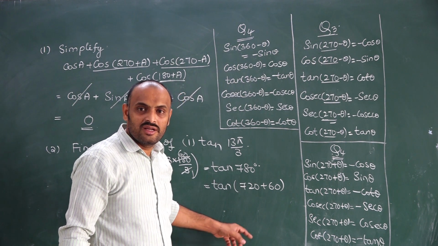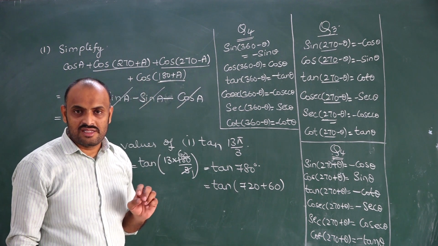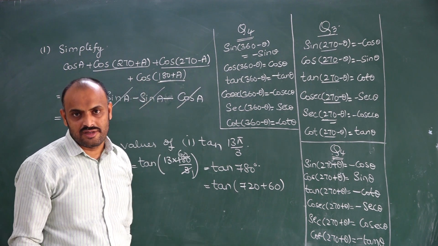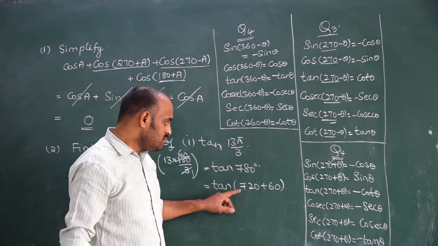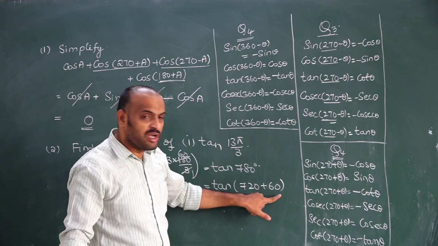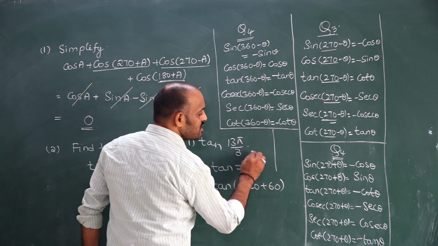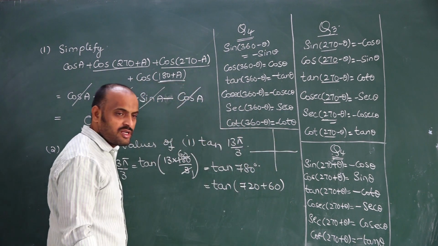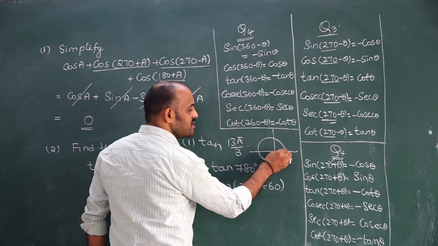You may get a doubt: how did you get 720 degrees? All the quadrant angles are multiples of 90. 90 into 8 is 720, plus the remaining angle is 60. That's why we wrote it like this. If you observe the quadrants, one full circle is 360 degrees.